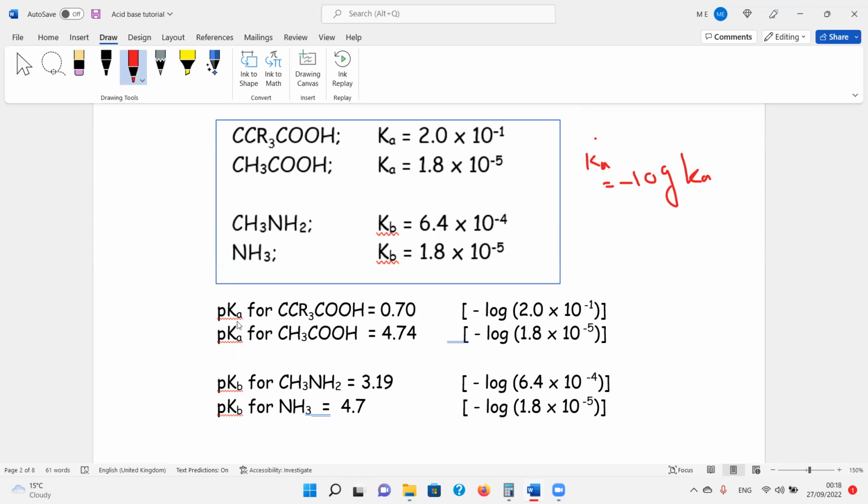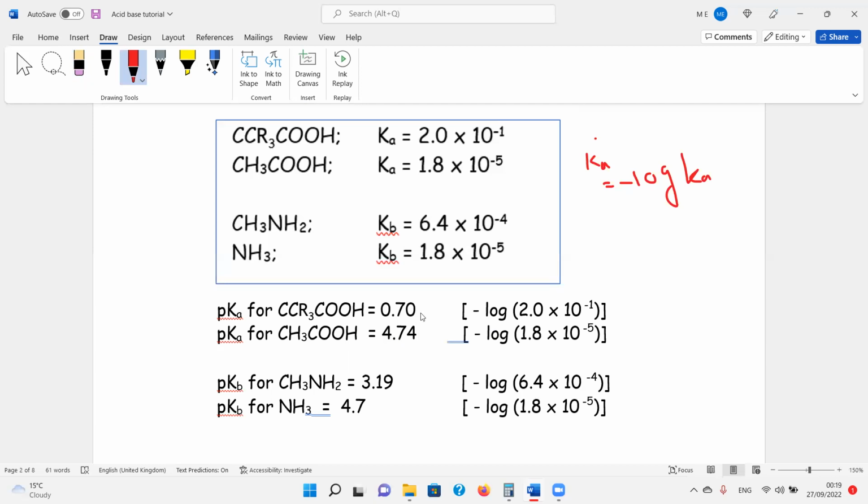So, back again to the acids: the Ka of this acid is 2 times 10 to the power of -1, and if you take the pKa, it will be 0.7. And if you take the pKa of the other acid, it will be 4.74.